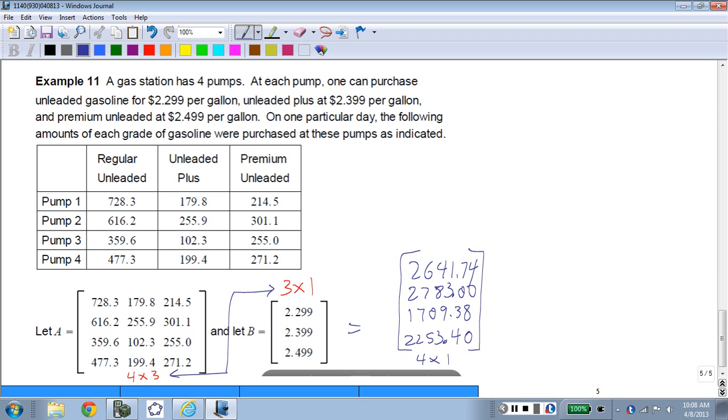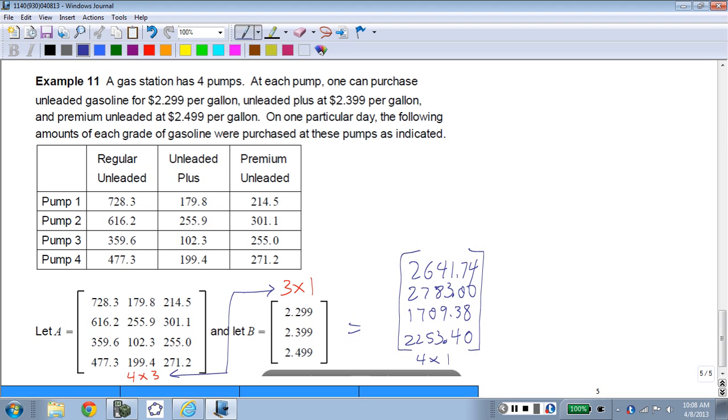So if the entries on the matrix on the left are amounts of gasoline purchased of the various grades at these pumps, and the entries in the matrix on the right are the price per gallon of each of the grades of gasoline, then the entries in the product matrix represent what? Well, what does each row of the matrix on the left represent?